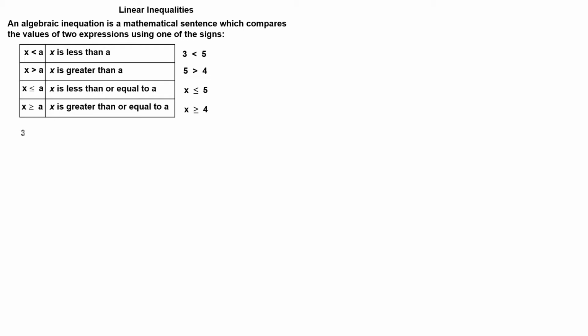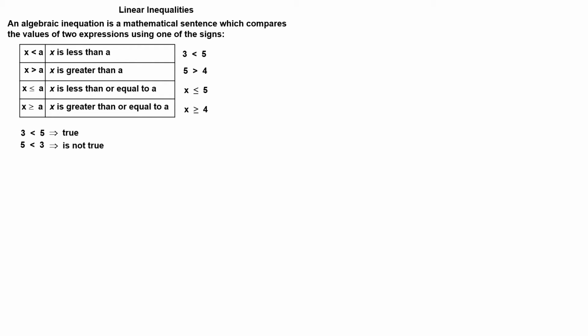Pay attention now. 3 is less than 5 is a true statement. Now let's swap the left and right hand sides. This statement is not true because 5 is not less than 3.